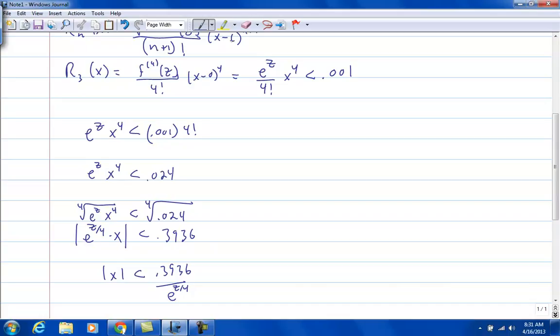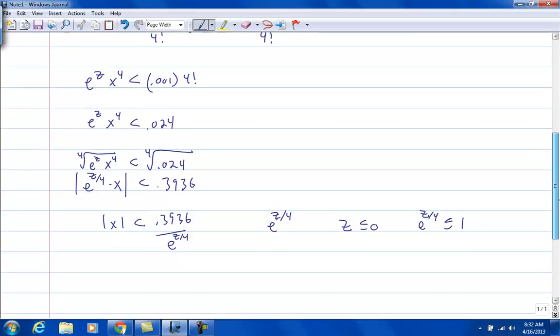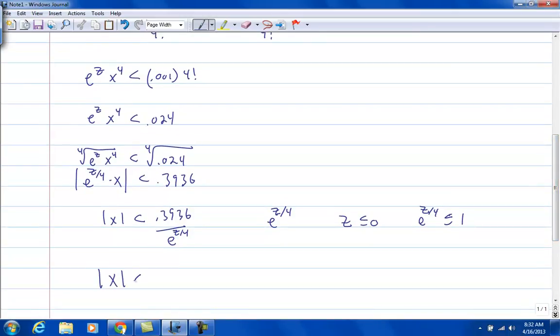Well, if we're working around 0, for z being less than or equal to 0, the biggest this can become is, not 0, less than or equal to 1, because e to the 0 power is 1. So the absolute value of x needs to be less than 0.3936 over 1.